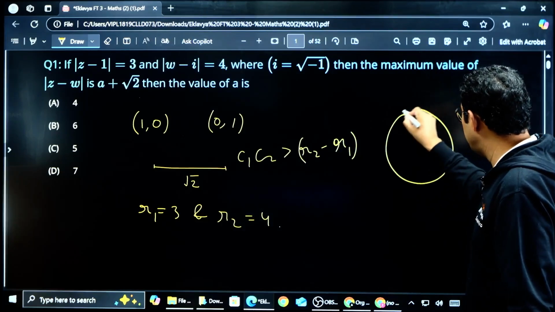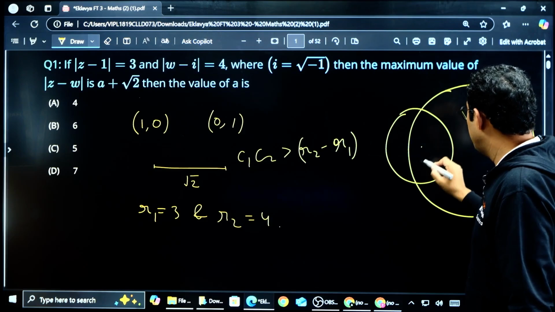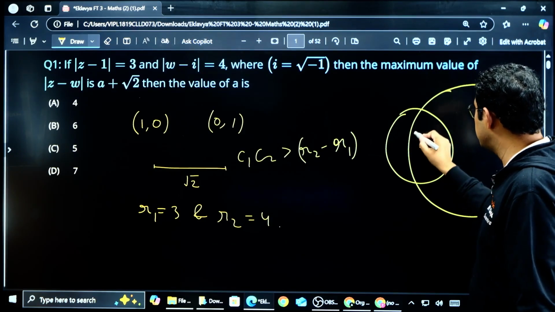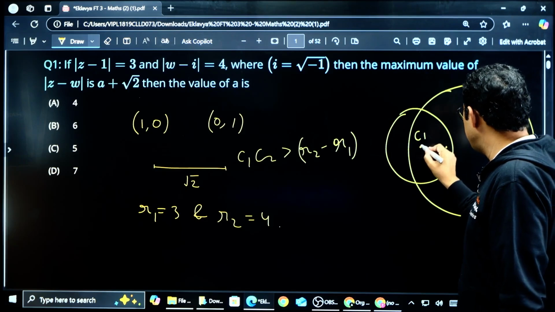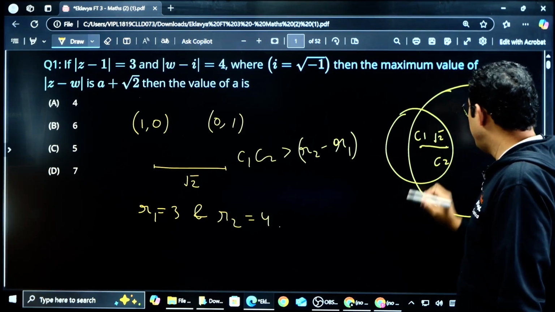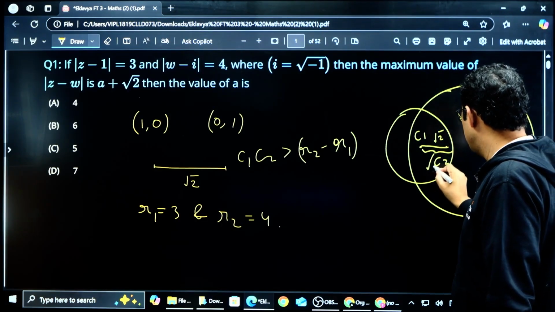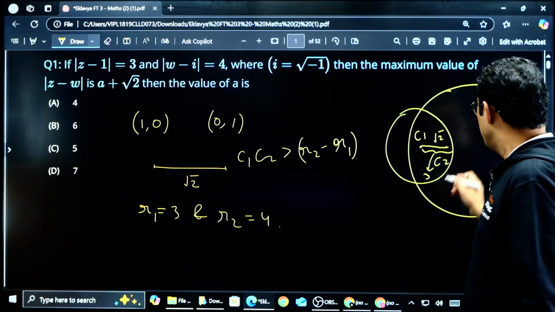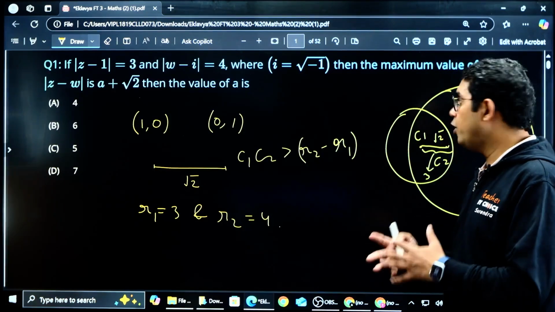Suppose this is one circle and this is another circle, this is the center of the first circle, C1, and that is the center of circle C2. The distance between these two is just root 2, whereas the radius of the smaller circle is 3. So this is only possible if the centers C1 and C2 lie inside each other's circles.